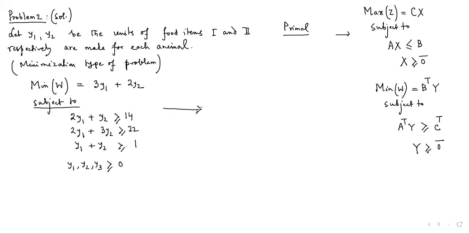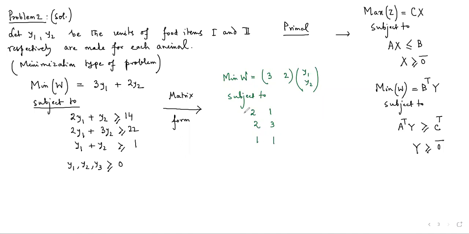Let us now look at the matrix form of the given problem. So we write min W equals the vector 3, 2 times y1, y2, subject to the coefficient matrix 2, 1, 2, 3, 1, 1, multiplied by the vector y1, y2, greater than or equal to 14, 22, and 1.